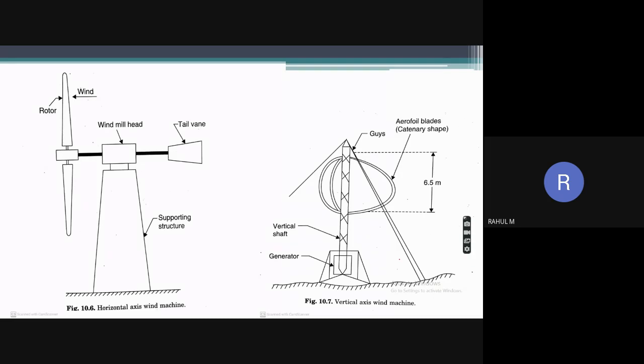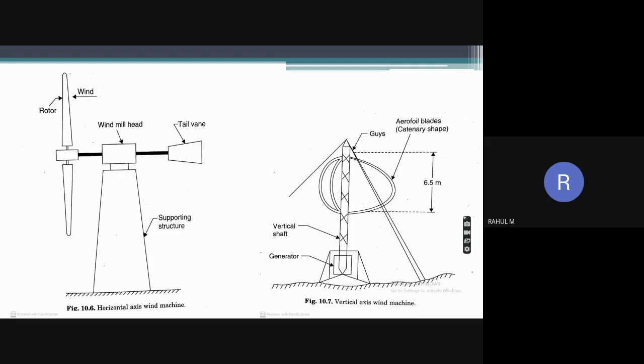The second is the vertical type of wind turbine, where this is the vertical shaft, and instead of a conventional rotor, this is the type of rotor used. These are aerofoil blades. The structure is somewhat different from the horizontal axis type.